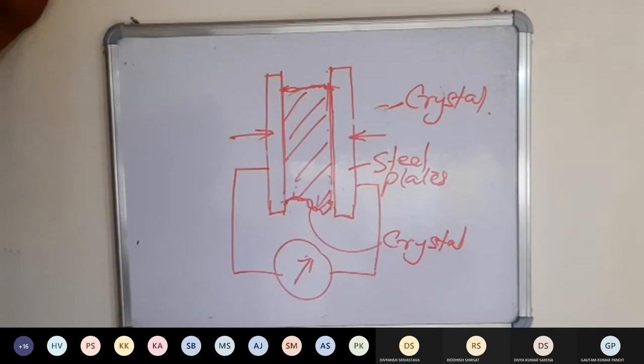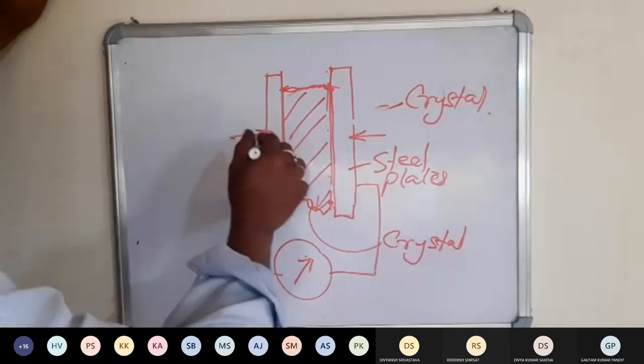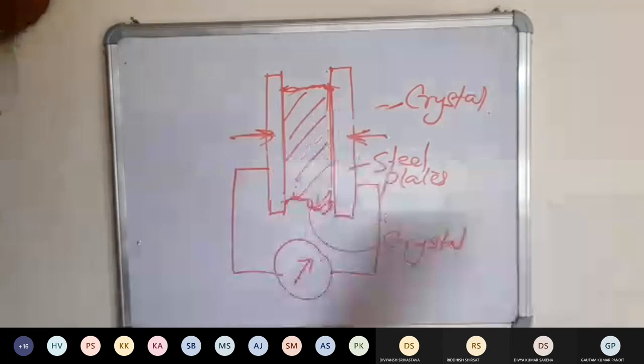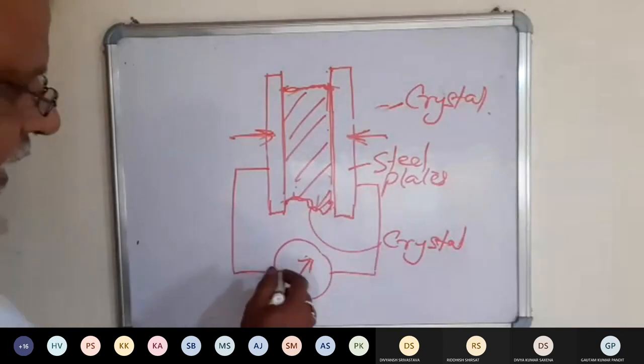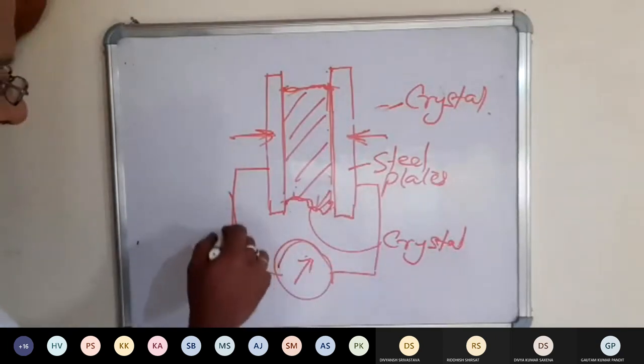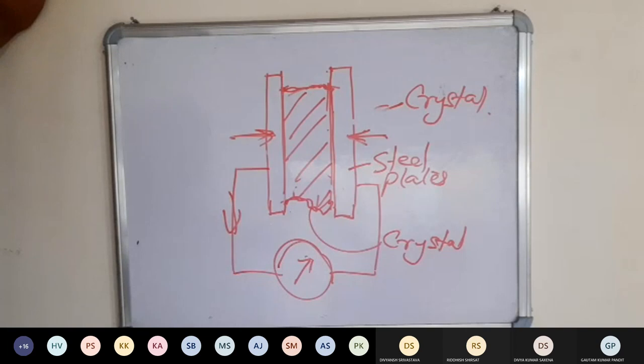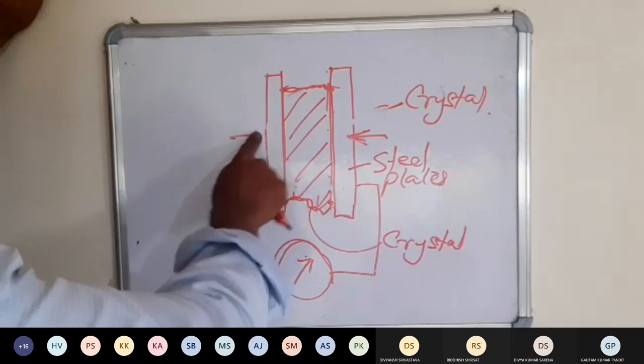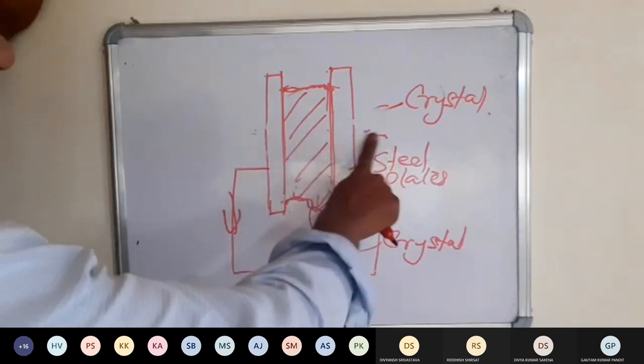What is the meaning? That means when it is compressed, when it is getting mechanical pressure, तो यहाँ पे electrical signal generate होता है. There is current flowing through this. Also, there is an opposite thing which is observed.